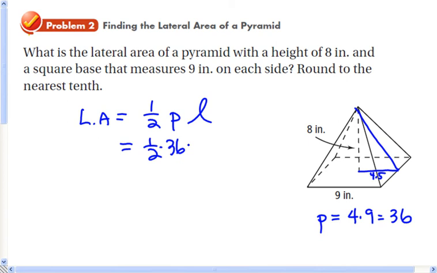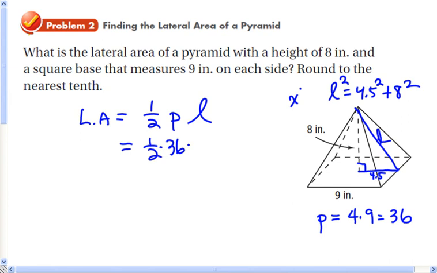We'll call that x. And using Pythagorean's theorem, since this is a right angle, we will say that x squared, actually let's call it L since it's the slant height. So this is L. So we'll do L squared is equal to 4.5 squared plus 8 squared.